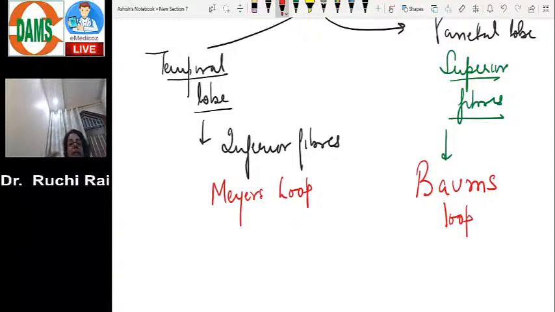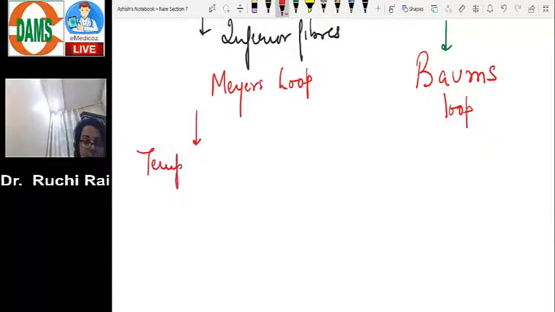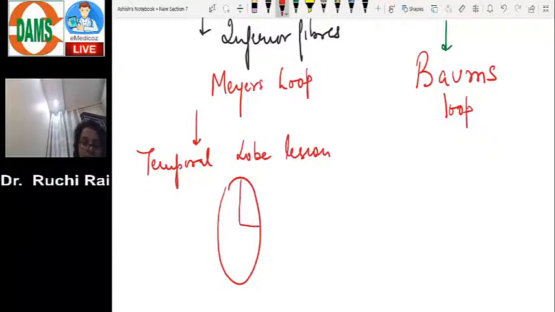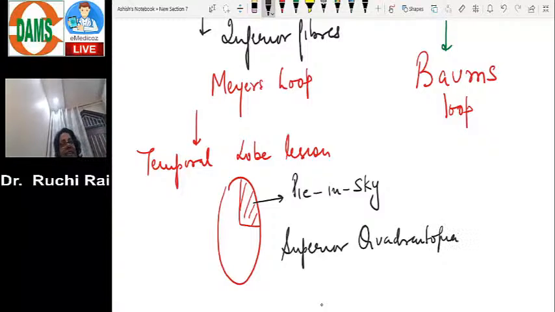So now, in any temporal lobe lesion, common sense, the inferior fibers are gone. So give the heading temporal lobe lesion: what did we find? Inferior fibers are gone, so we get a superior quadrantanopia. This is what is called pie in the sky.